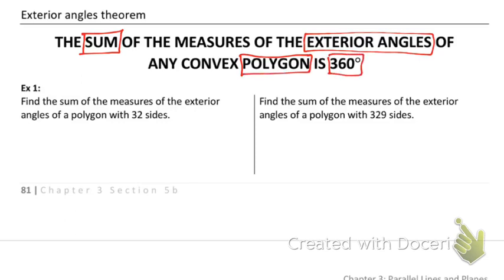The exterior sum of any polygon that we're going to deal with in this class. I know it says convex, but that's all we're dealing with in this class. So any time I talk about the exterior sum of a polygon, you're going to immediately say that's 360 degrees. If you add up every single exterior angle, they're going to add to 360 degrees.